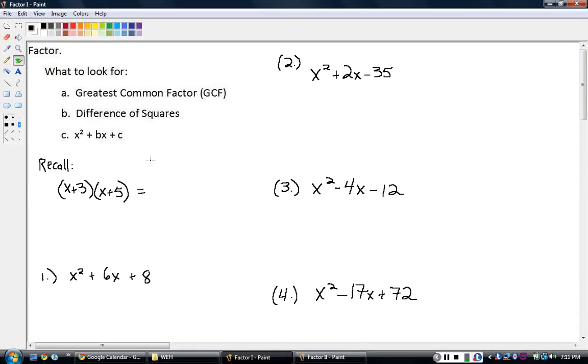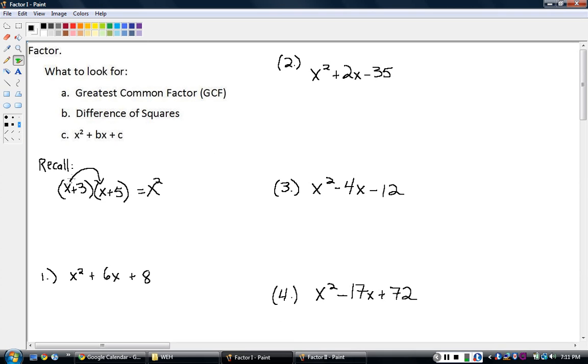But before we start, let's recall what we did previously when we multiplied. I just want to look at this example right here: x plus 3 times x plus 5. What happens when we multiply that? Well, hopefully you remember, you FOIL. You go x times x, that's x squared.